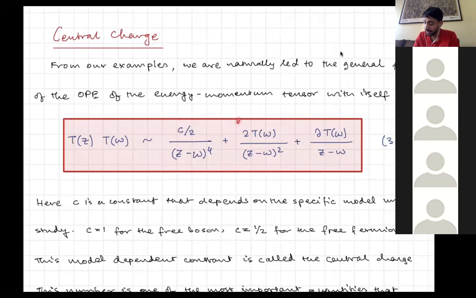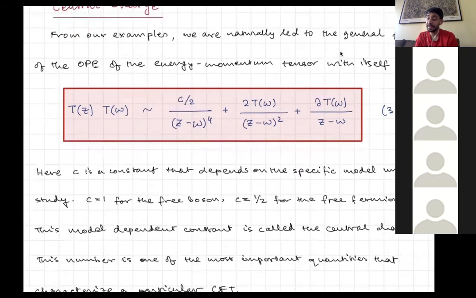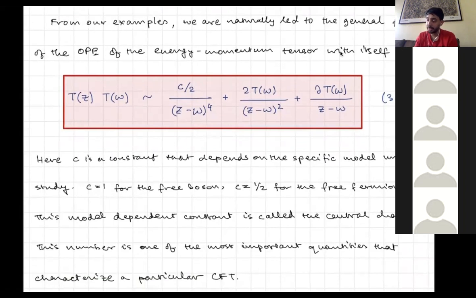This part stays the same, and there is something which we call c over 2 multiplying the 1 over (z minus omega) to the power 4 piece. c is a constant that is going to depend on the specific model that you're looking at. This is equal to 1 for free bosons and equal to half for free fermions. This model dependent constant is what is going to be called the central charge.